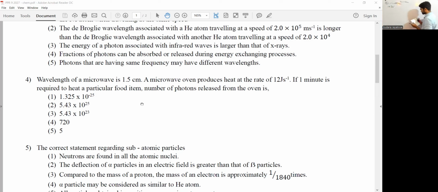It operates for 1 minute. 1 minute means 60 seconds, no? It's asking how many photons are released.